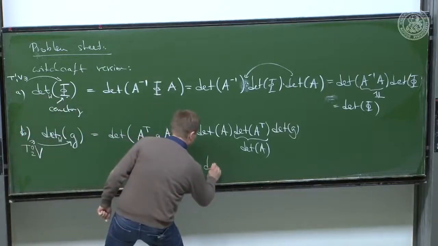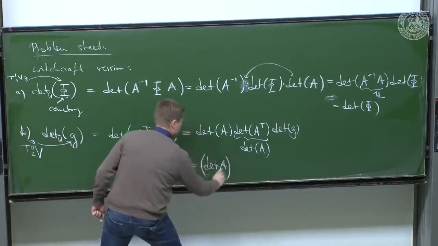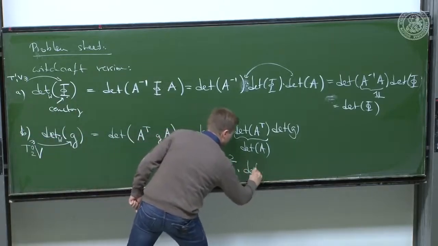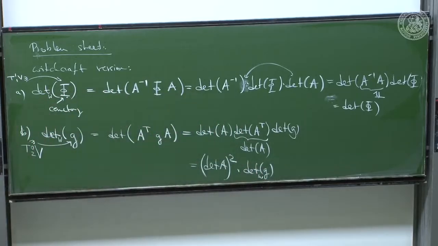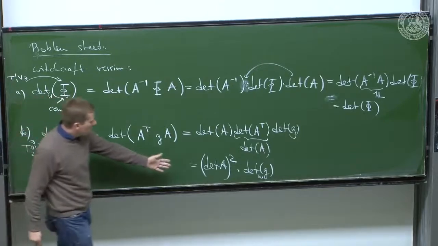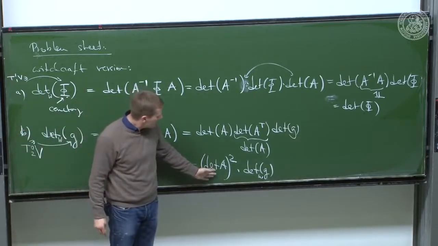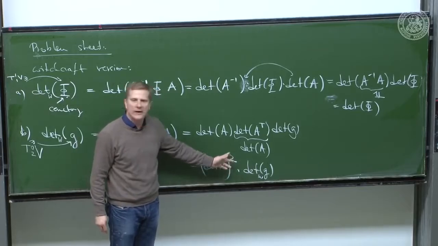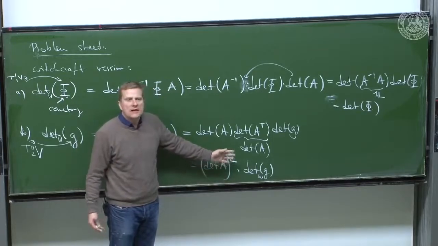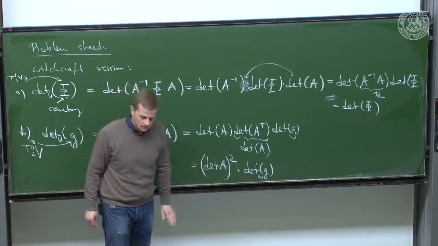So what you have here is the determinant of the matrix squared times the determinant according to the witchcraft rule. So the question: is the determinant of a bilinear map independent of the choice of basis? The answer is no. It will pick up a factor, the determinant of the change of basis matrix squared. It is not well defined.